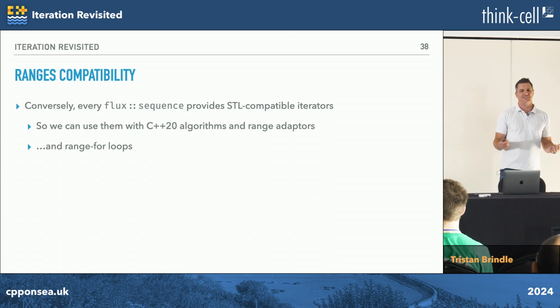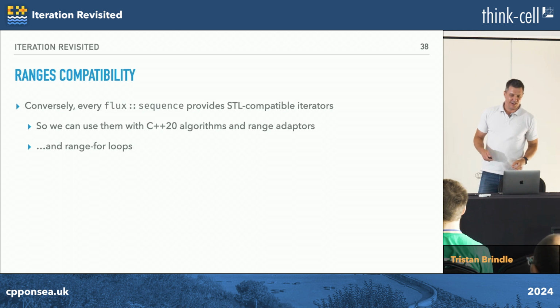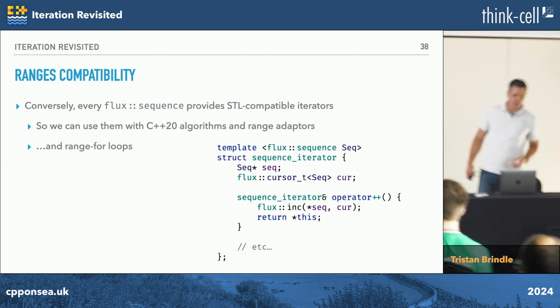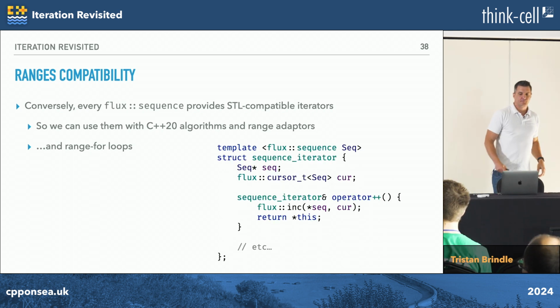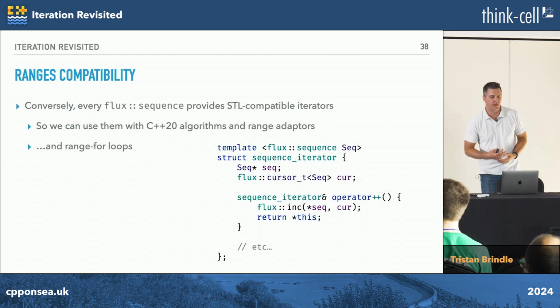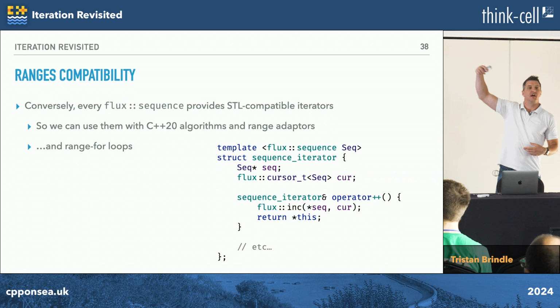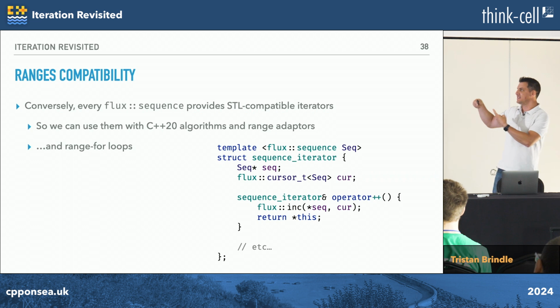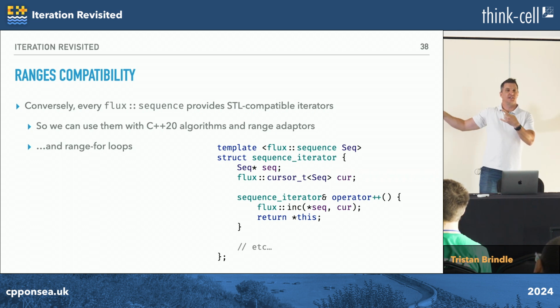I've done everything I can to try and make Flux work well with the existing infrastructure we have. The way we do this is we have this type in Flux called sequence iterator. This holds a pointer to the sequence and the current cursor position. This can potentially dangle if the sequence goes out of scope, but this is iterators.